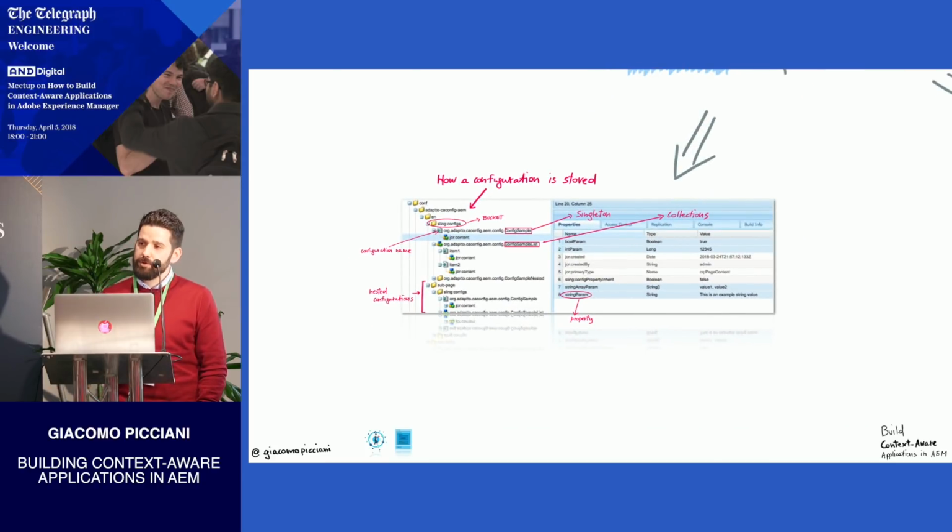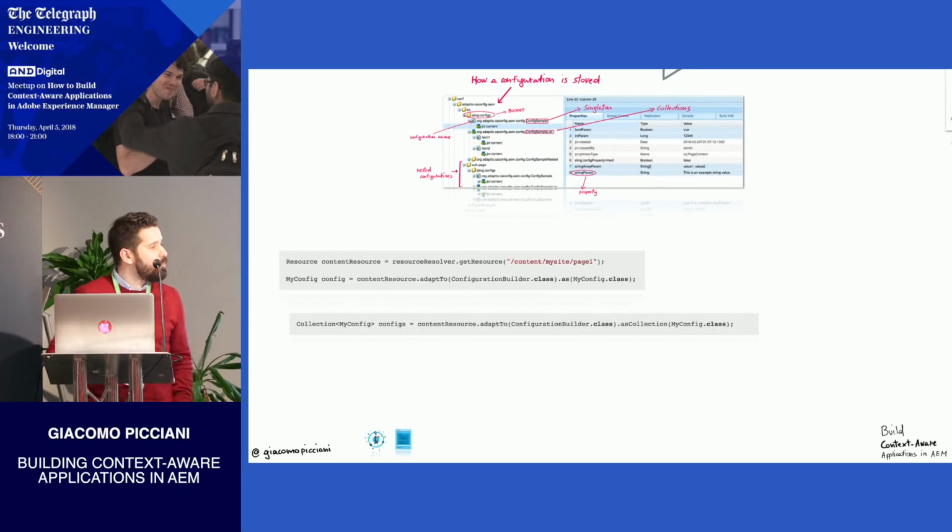In terms of storage, it uses the /conf node by default, and the default implementation creates an nt:unstructured node, where you can save properties as key-value pairs. In terms of resources, the default implementation provides a single resource, or you can also create a collection of resources, and you can also retrieve a list of configurations for a specific content path.